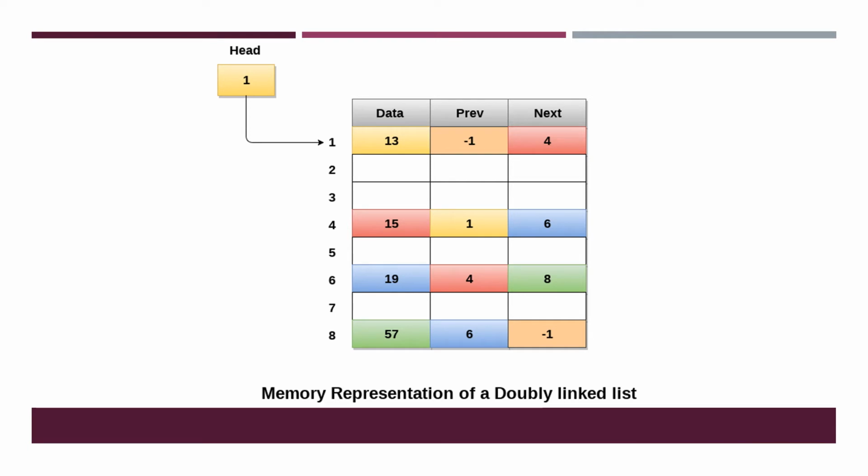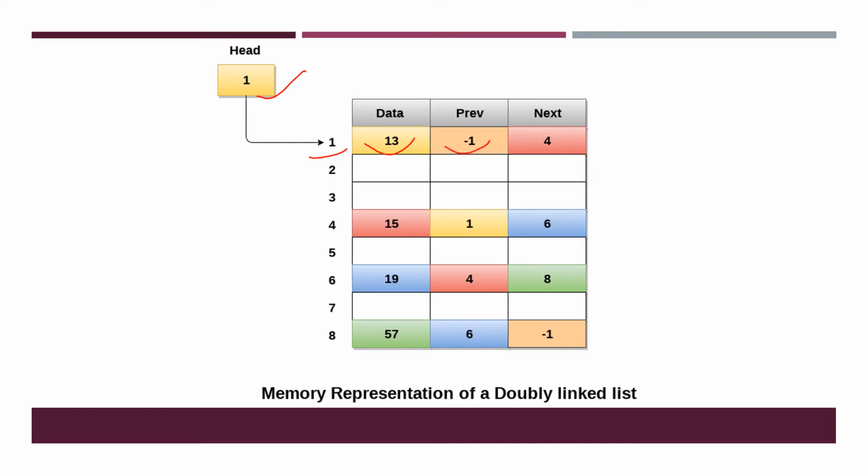Memory representation of a doubly linked list. In the following image, the first element of the list is 13 and it is stored at the address 1. The head pointer points to the starting node 1. Since this is the first element being added to the list, the previous of the list contains null and it is marked as -1.